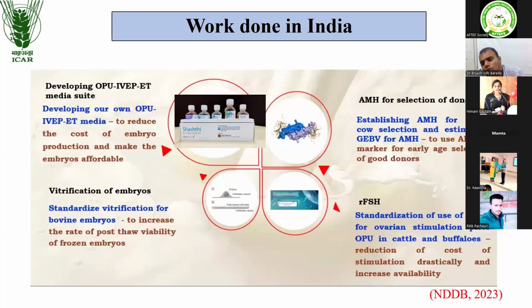Hormones also we are importing, and they come under the category of restricted drugs, and licensing and all is a problem. So NDDB, in collaboration with some other institute, has developed a recombinant FSH, and that one is cheaper and effective also. But still, we have to see the market.